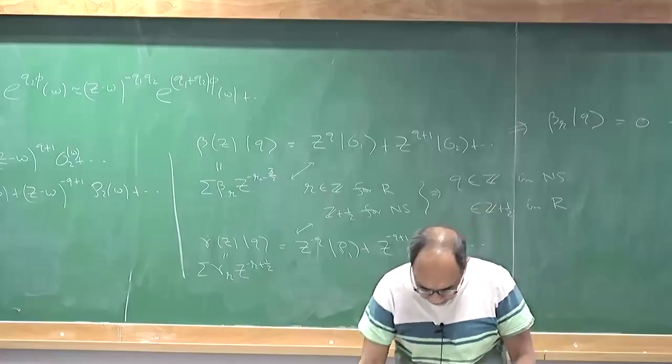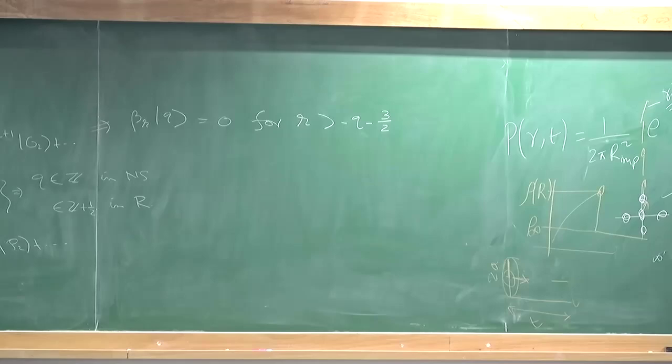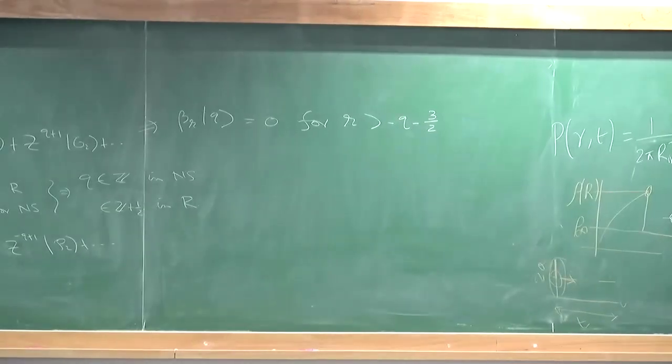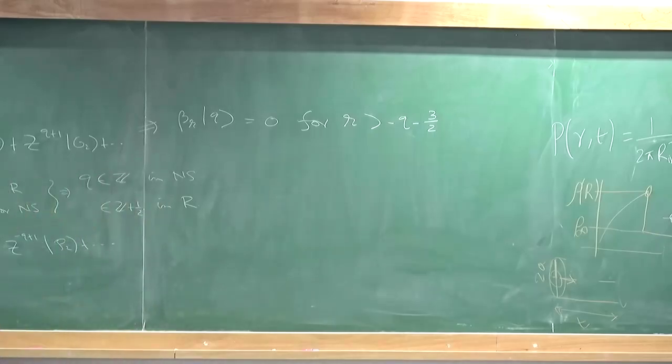Otherwise, you will get lower powers of z. The fact that you don't have z to the q minus 1 means r equal to minus q minus 3 half is okay. If r is minus q minus 3 half, then it will produce z to the q. The z to the q term is present. But for any larger r, you will get lower powers of z, which you don't have on the right hand side. These are leading powers of z.